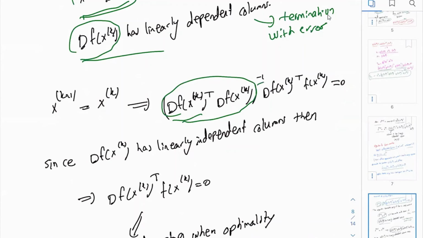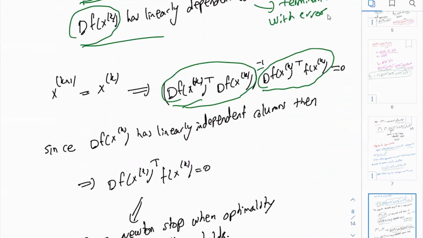So if we want xk plus 1 to equal xk, we want this quantity to be 0. That's why I wrote here, if Df of x has linearly independent columns, then this one should be equal to 0. But what is this one? This is nothing but the optimality condition when you multiply by 2, and the 2 is not that important. So one stopping condition you can check is the optimality condition. So add it here as well.